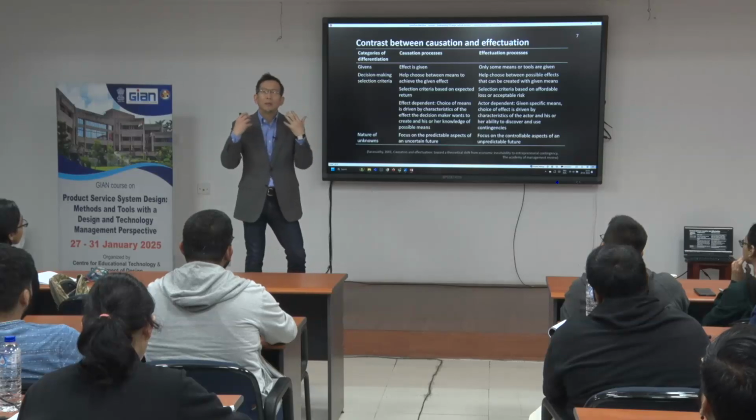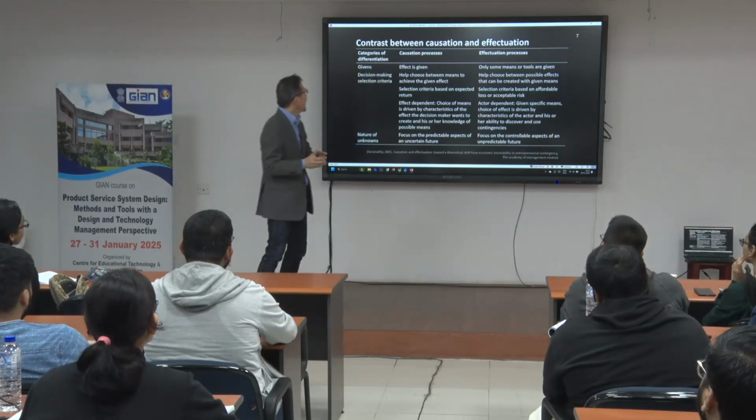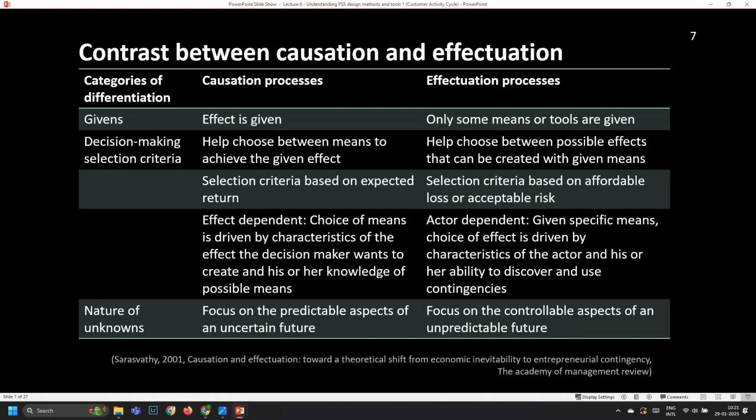And then what this course is relatively focusing on is the left-hand side, the causation process. So meaning that the effectuation process is not the main focus, and I will give you more explanation regarding the contrast between the two.